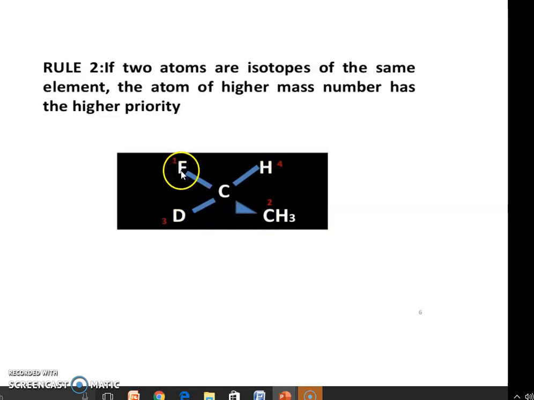Among these, fluorine has the highest atomic number and methyl is the next group. Deuterium is the isotope of hydrogen, so in this case the mass number is taken for assigning the priority.